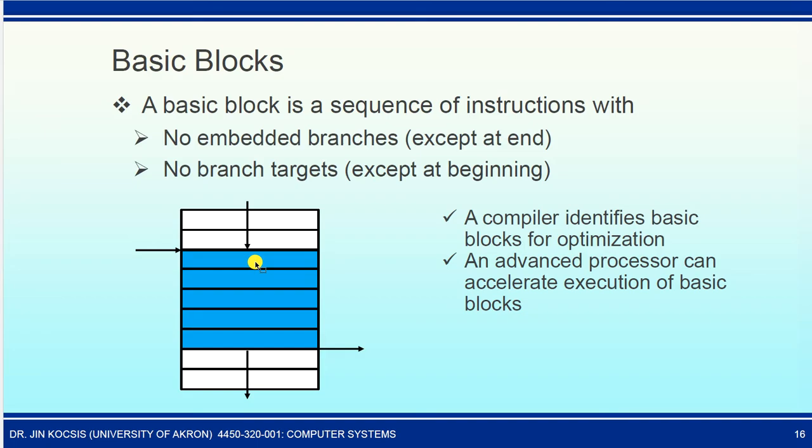In other words, there's no branch in or branch out within the blocks. The whole block is the basic unit, and when I optimize the sequence of instructions, as I said before, instead of focusing on optimizing the sequence of the individual instructions, I only optimize the sequence of those basic blocks.